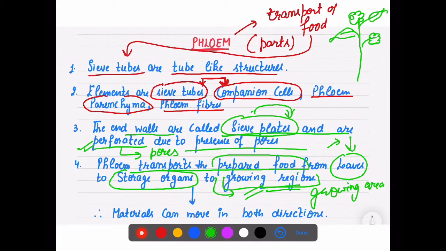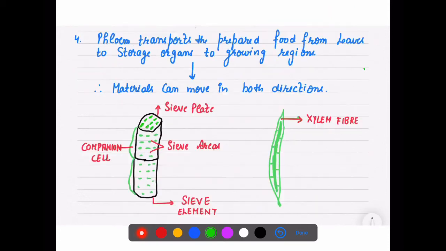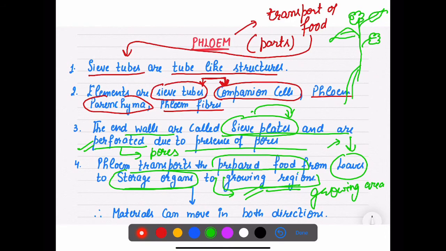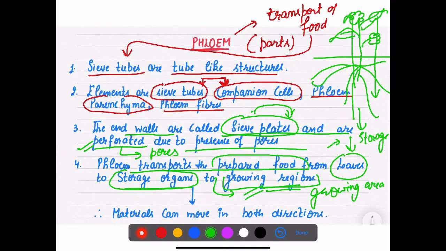Usually, if we talk about storage organs, if this is our plant, then in the roots, somewhere underground, we also have our storage organ. So phloem provides food to the roots also, as well as to the upper direction, meaning the growing area.